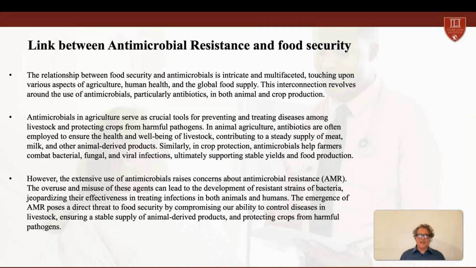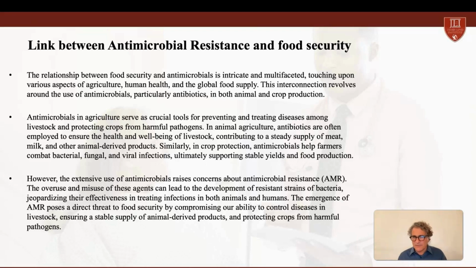So the link between antimicrobial resistance and food security: we'll see that there is a relationship between food security in terms of food production and antimicrobials, in terms of the risks of losses in animal production and losses in crops. At the same time, you can imagine, especially in low-income countries, that the farming system represents the first source of food.